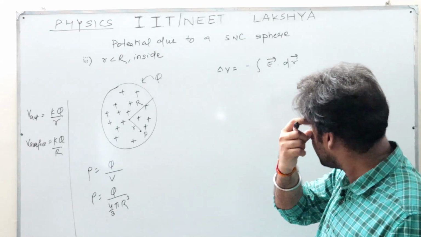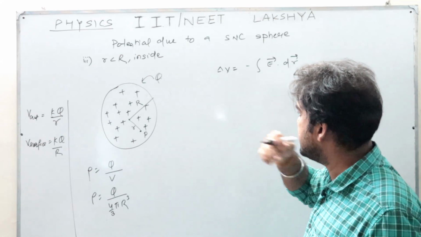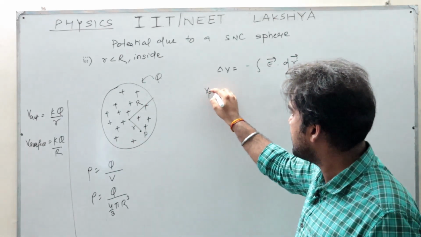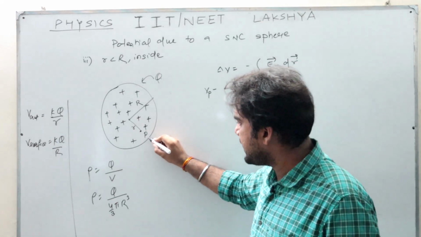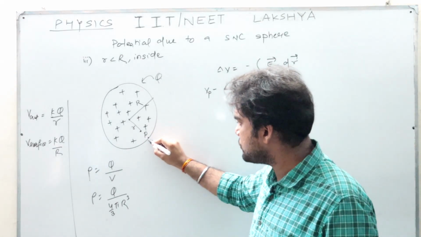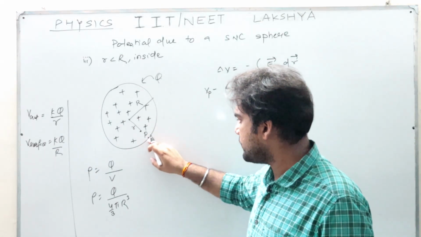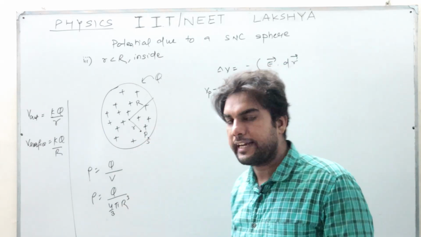So Vp minus, now let me say this is the final point, and let me select an initial point which is just inside the surface. Why am I not selecting the second point at infinity?